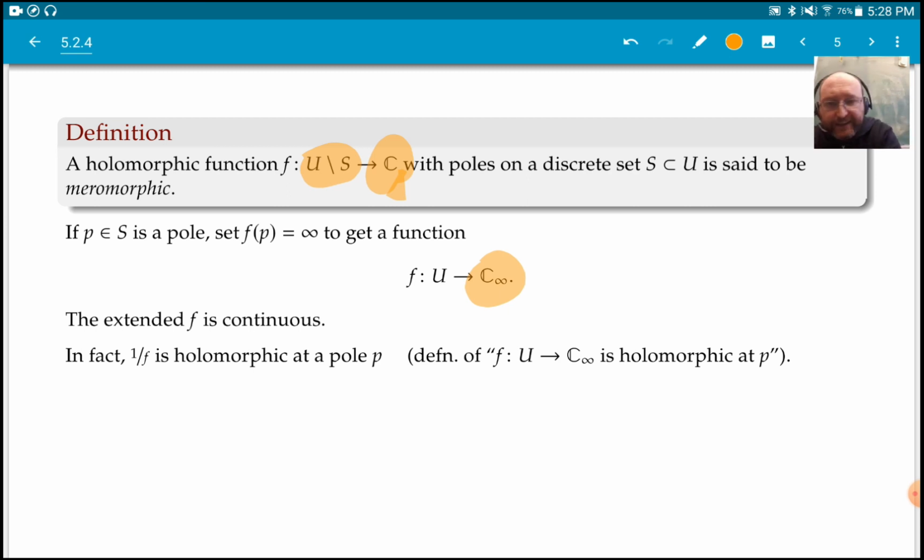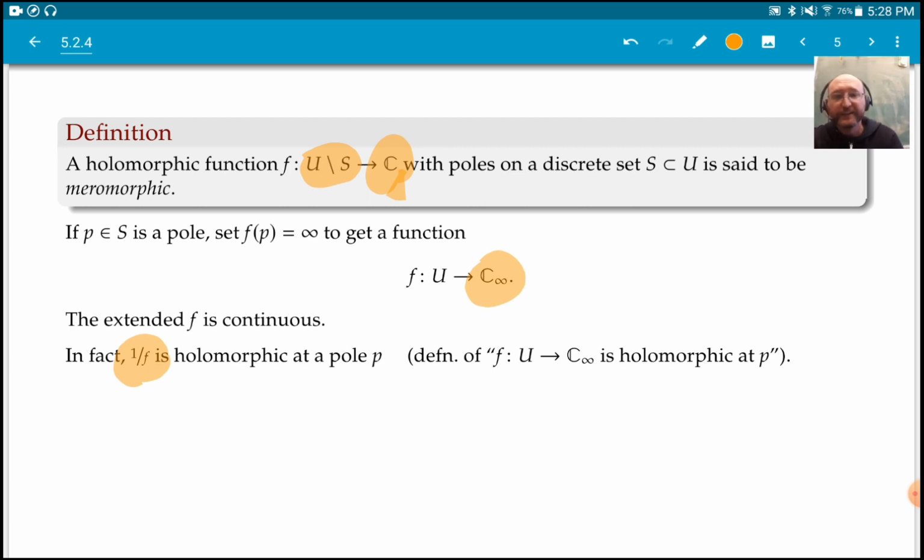So in this case, we look at 1 over f, right? So 1 over f is actually 0 if we extend this, and 1 over infinity is going to be 0, right? In this extended sense of the arithmetic.